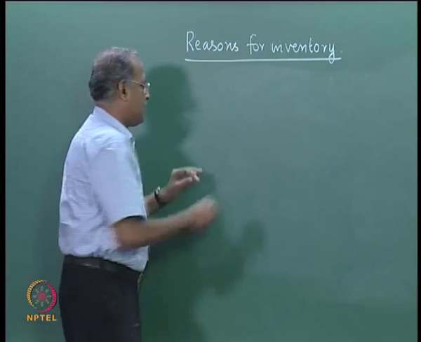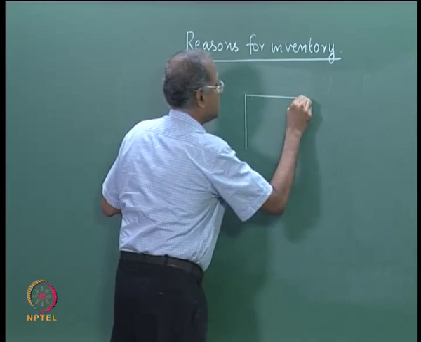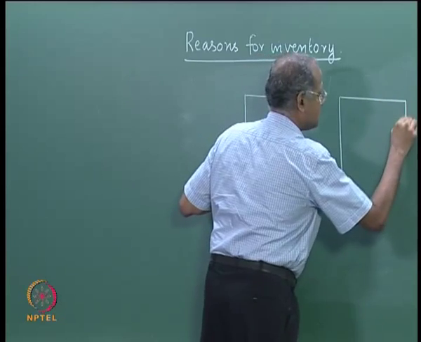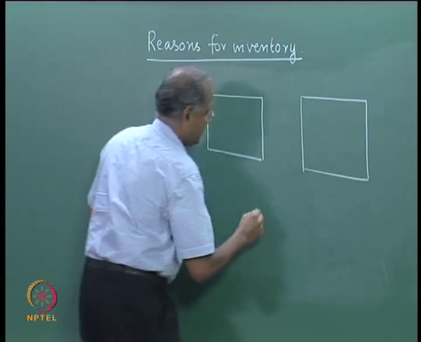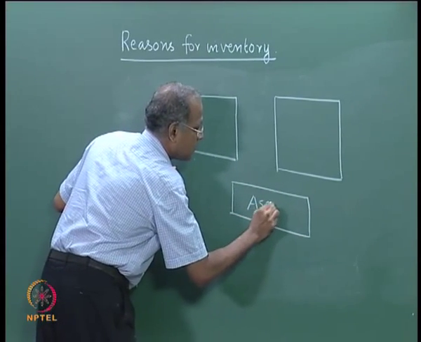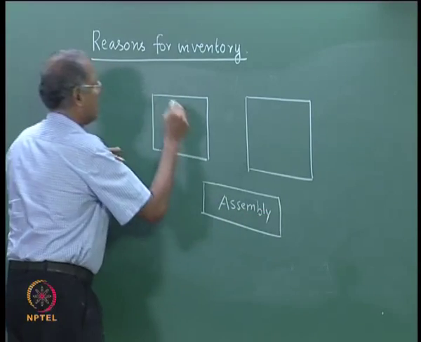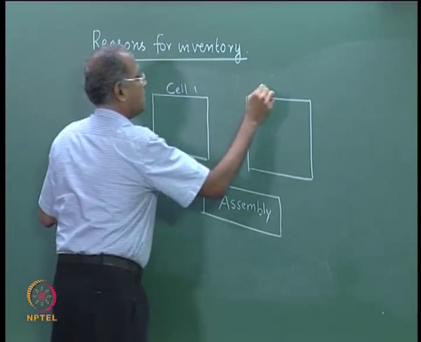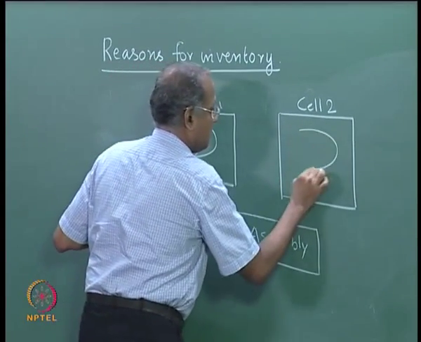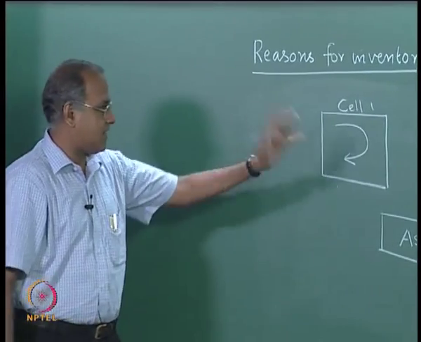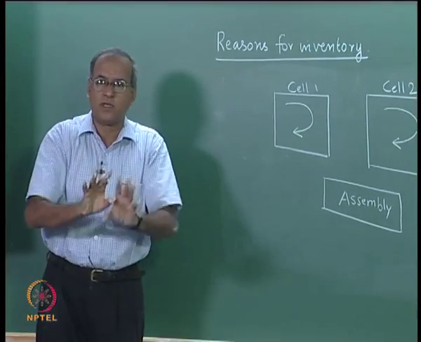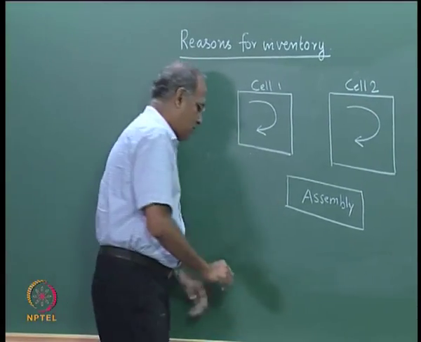So, let us say we have cellular layouts. So, let us take a very simple case of 2 cells feeding 2 parts to an assembly. So, a cellular layout would look like this.